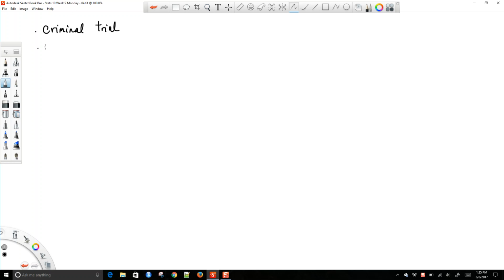And so when we set up our hypotheses, it could be that the defendant is innocent or the defendant is guilty. Which one should be the null hypothesis? Innocent is going to be the null hypothesis, okay? So the null hypothesis is that the defendant is innocent. We presume this to be true until the evidence points us otherwise. Then the alternative is that the defendant is guilty.